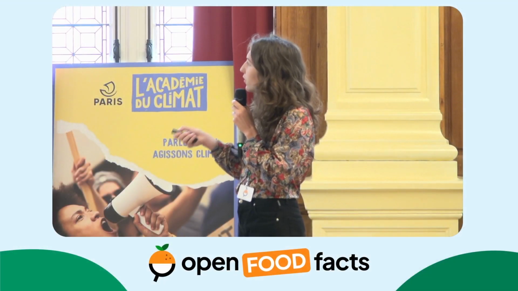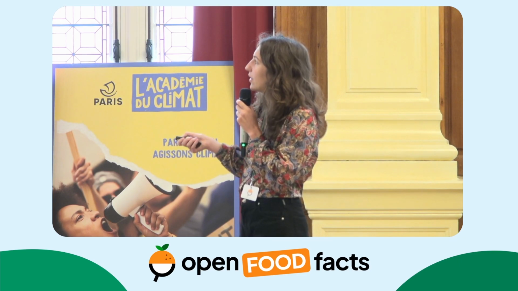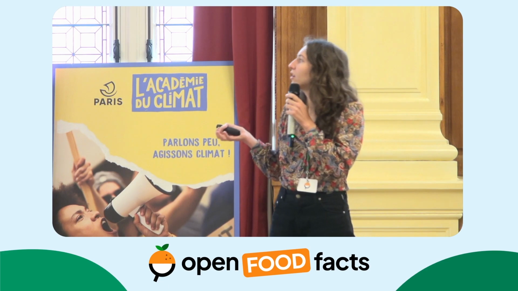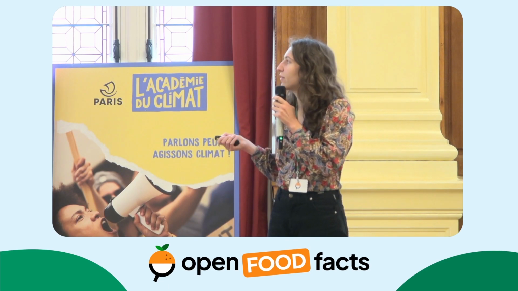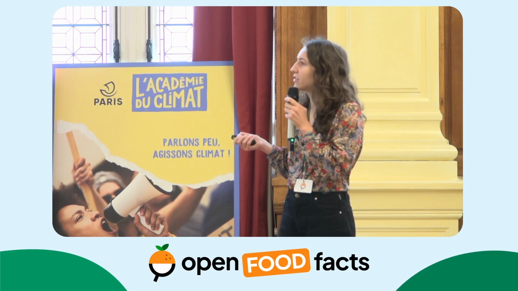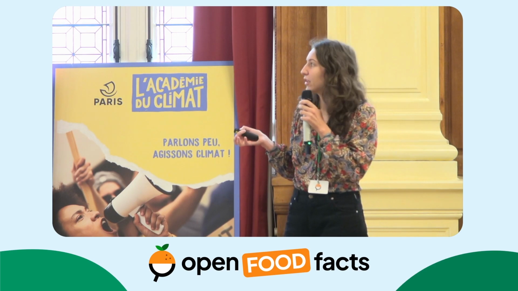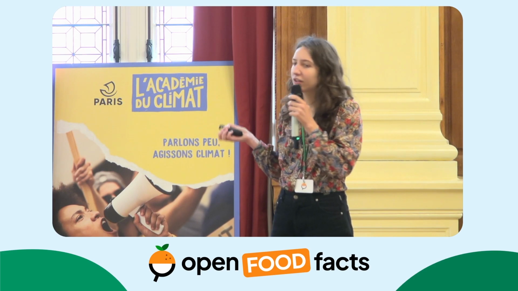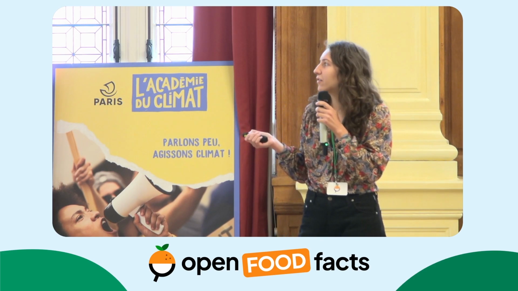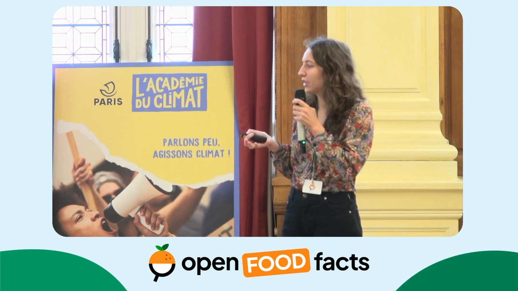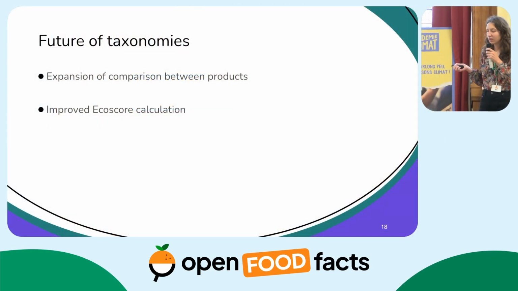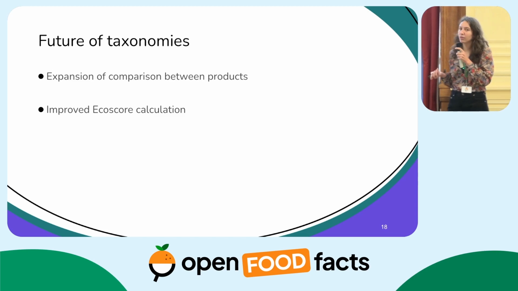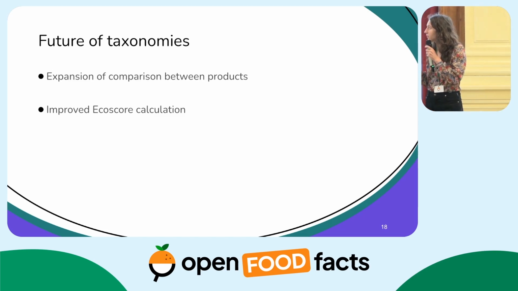One would be, for example, to expand the comparison between products, allowing to compare between categories between countries, saying, for example, that a category of biscuits has more sugar in one country compared to another. And that kind of data would be super useful for research, for example.